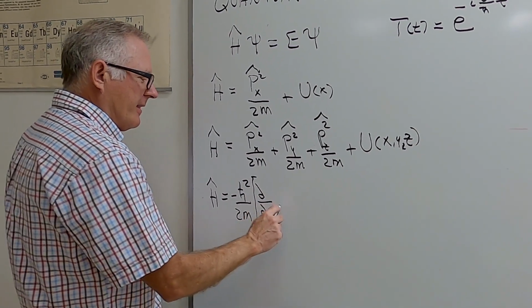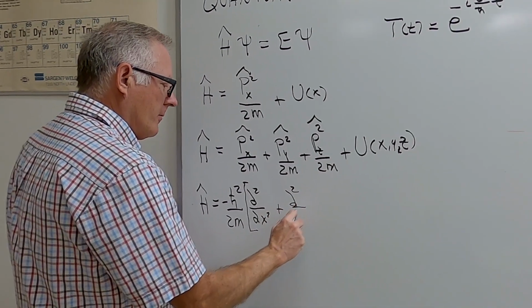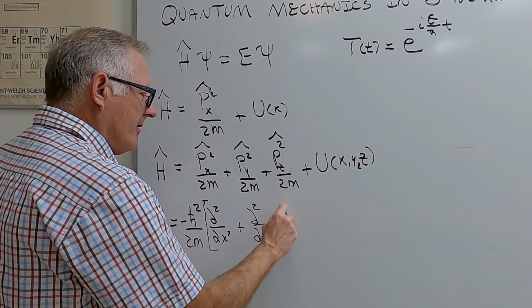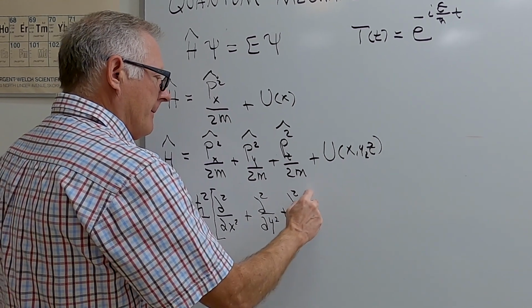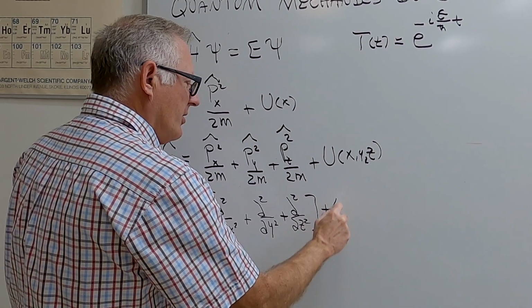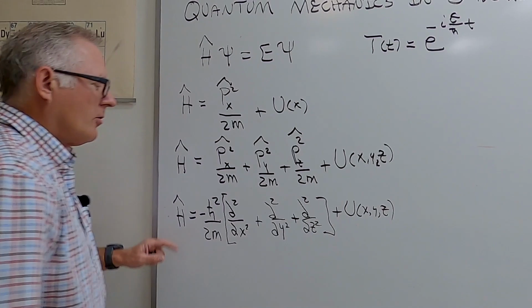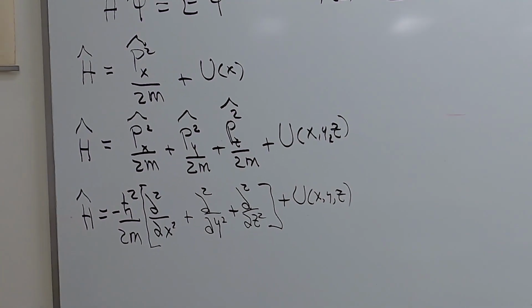So I can factor that out, plus the second derivative with respect to y squared, plus the second derivative with respect to z squared, plus U of x, y, z. So this is what the new Hamiltonian would be.